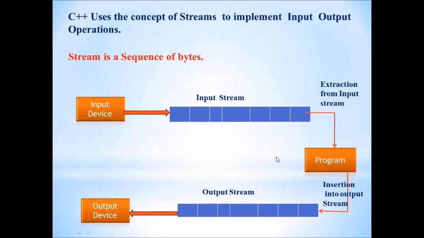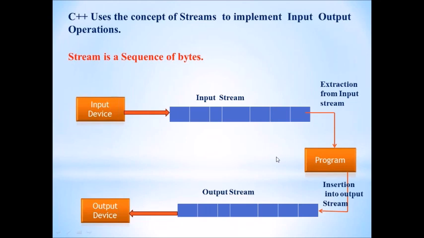Similarly, the program sends some information, means output, to the output device, like display screen, through the output stream interface. So the stream acts as an interface between input and output device.